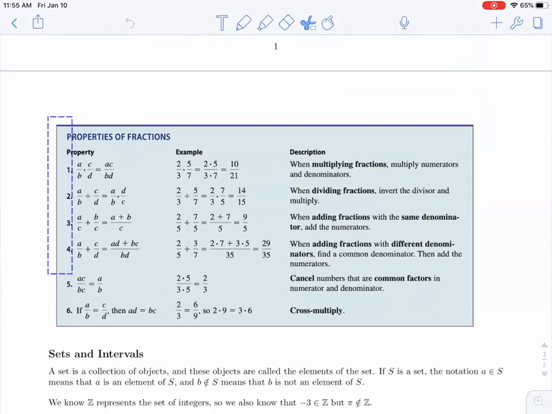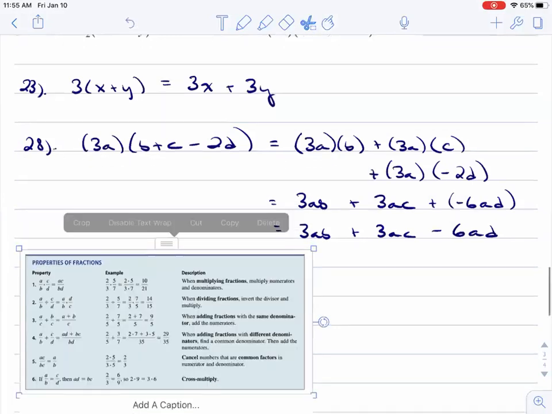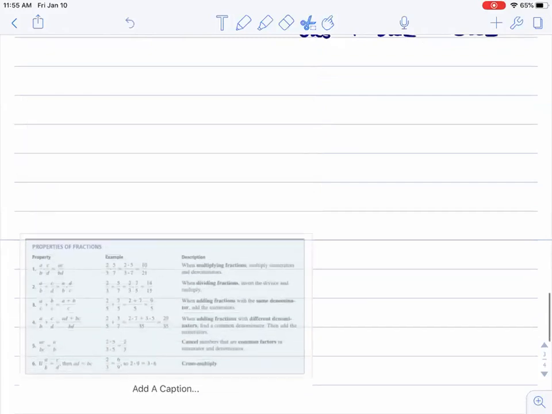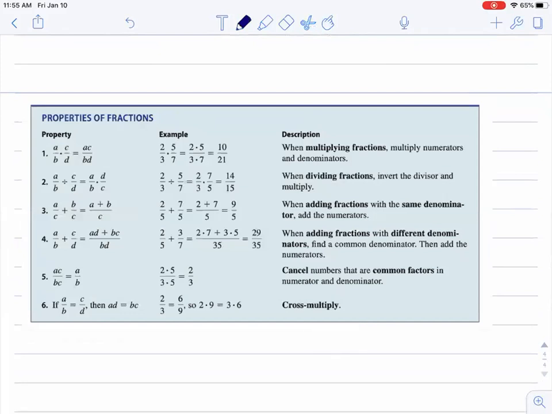Then let's talk about fractions and properties of fractions. For fractions, right, and we talked about fractions, some ratio, division, right, we've got fractions. They're going to behave a little bit differently depending on if we're multiplying, dividing, adding, or subtracting, right?